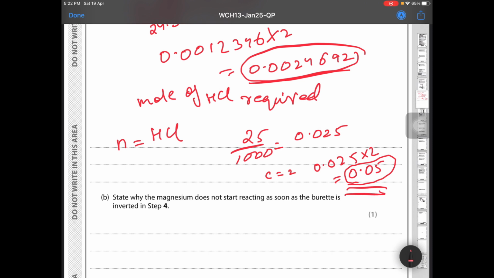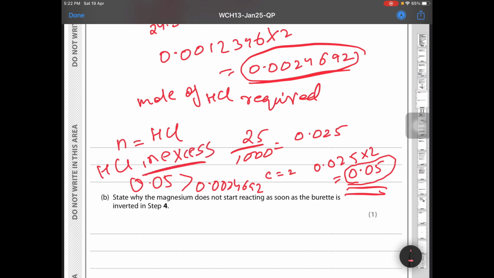The moles of acid required is only 0.0246 and you already have 0.05. This means your moles of HCl is in excess. This is the reason why you can just add the HCl approximately. That's it. I hope this question is clear to you.